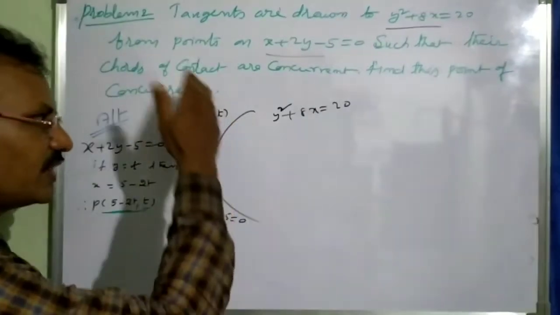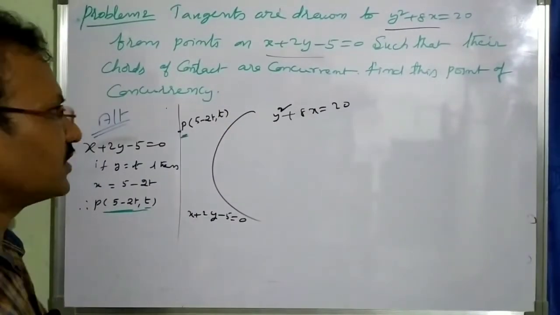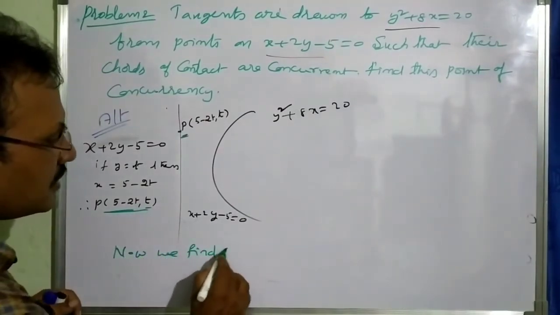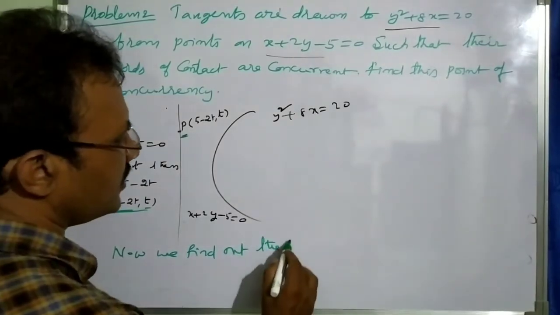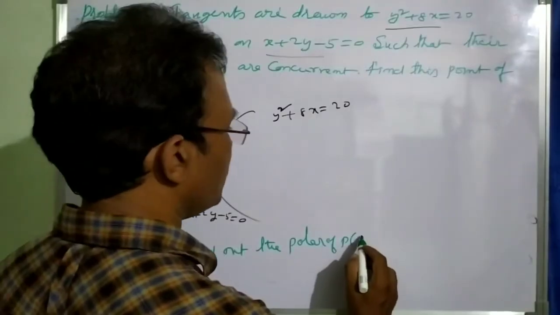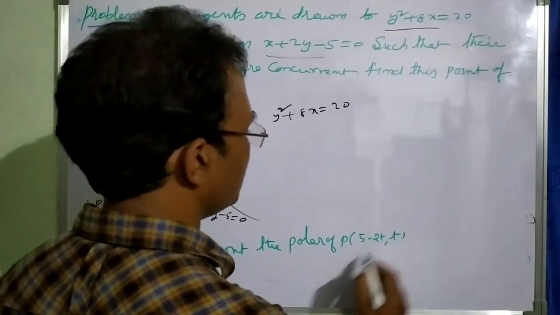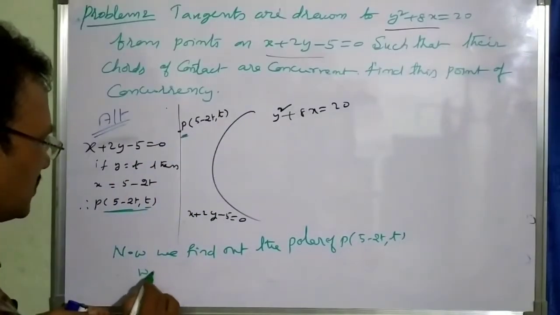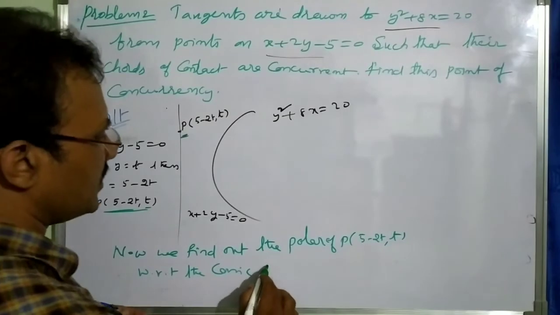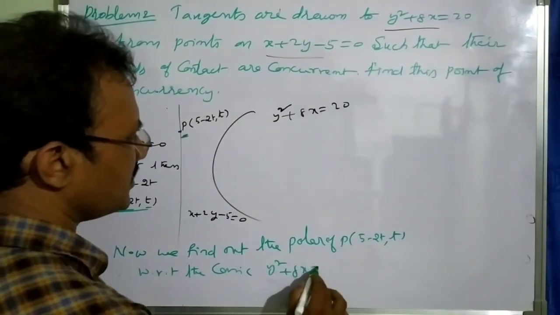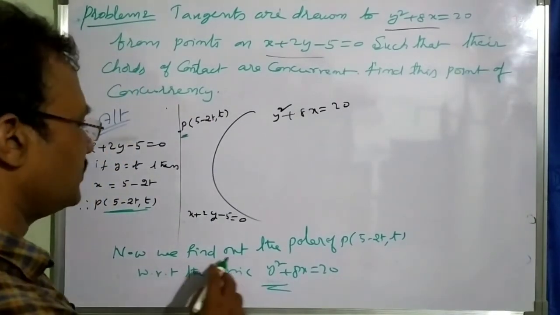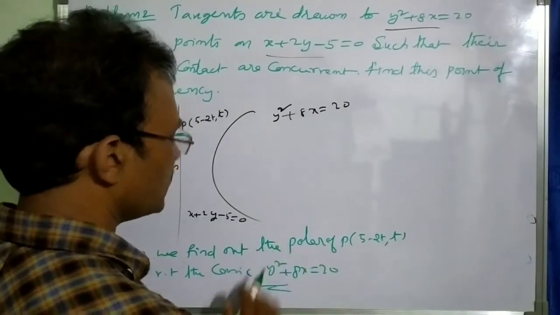From the point P we find the chord of contact.